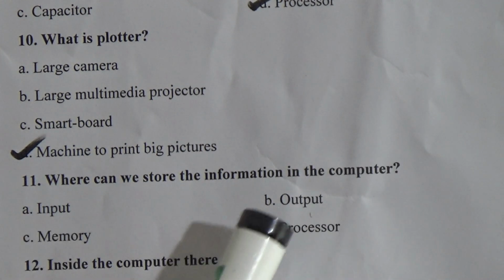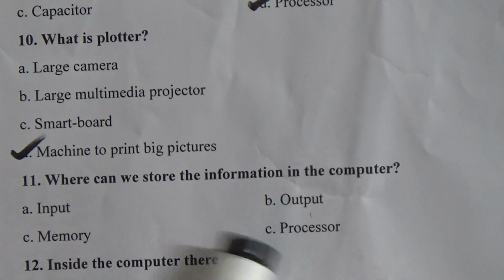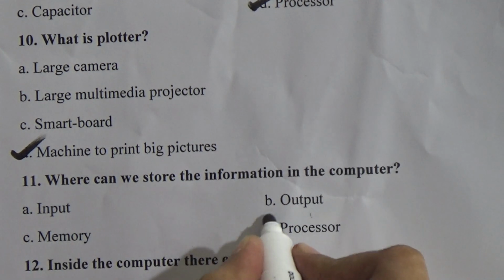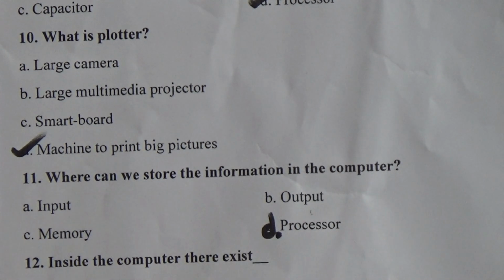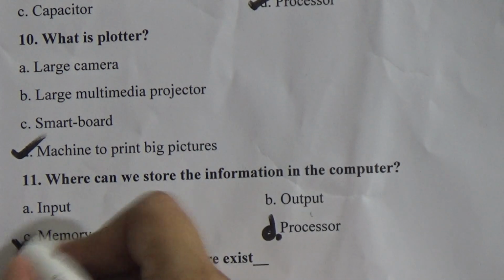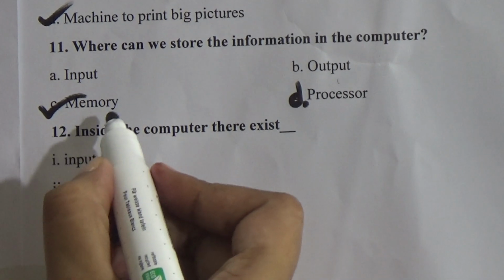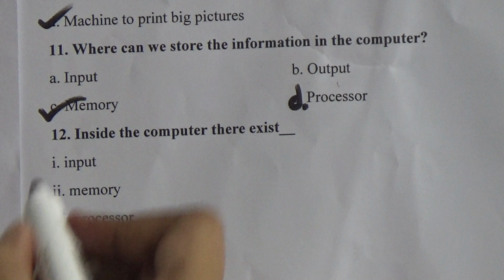A input, B output, C memory and D processor. Where can we store the information in the computer? You know, memory is the part where we can store the information in the computer.